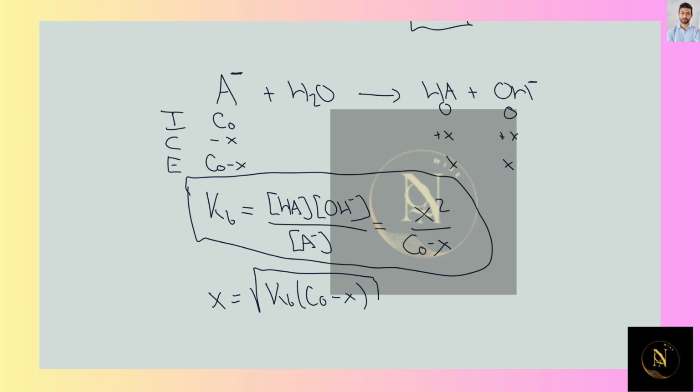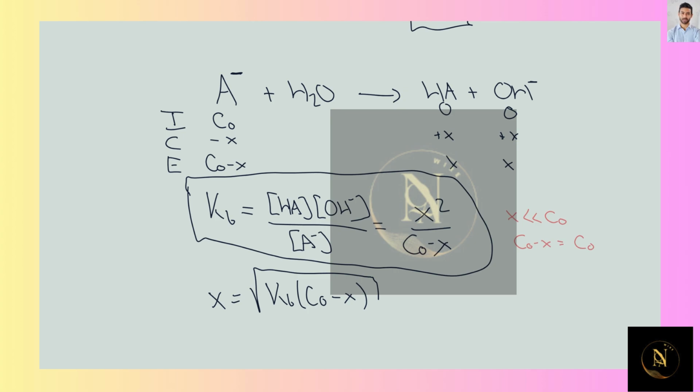But in general and in most cases, since the value for Kb is going to be small, that means that the value for x is going to be much smaller than the value for C0. So the approximation that we can make is that x is much smaller than C0. And this simplifies our equation, because if that is true, C0 minus x is equal to C0.